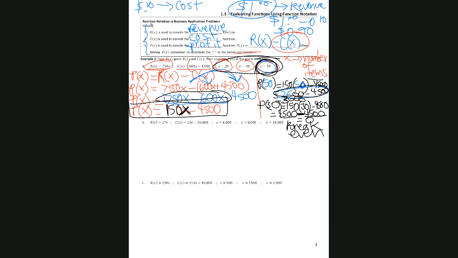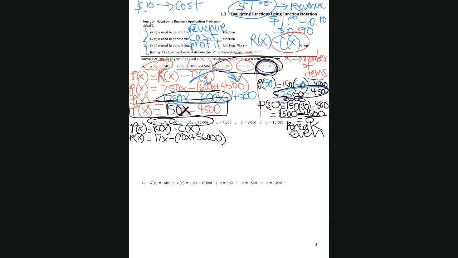And so for this one, we're going to answer the same questions. So first, we're going to find the profit equation. And so remember, the profit is going to come from the revenue minus the cost. So in this case, profit will be revenue, which is here, 17x, minus 10x plus 56,000. And that's the one here.